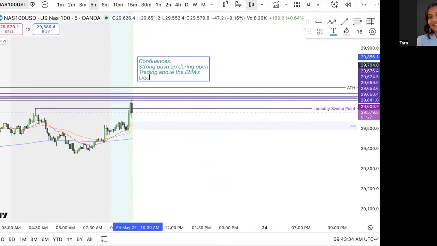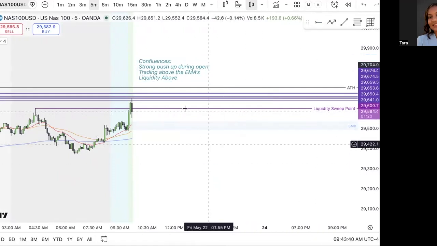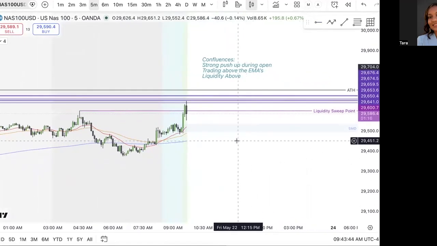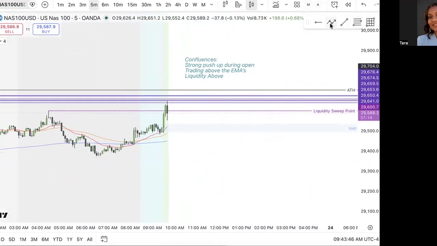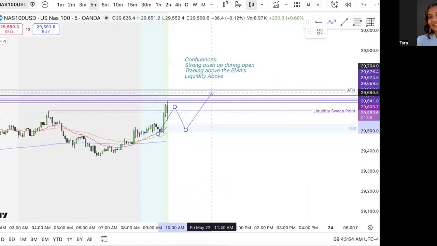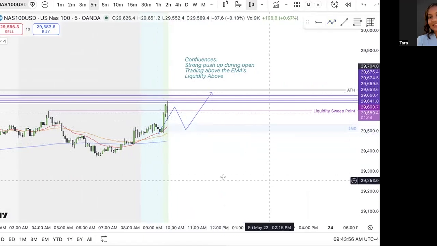There's liquidity above. Okay, and so those are all reasons that we think price is going to come back down into demand and continue to the upside. Okay, so we'll see if that happens.